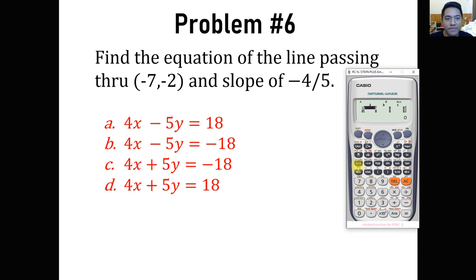You have -7, you have -2, then you have 1. And for the x1, we need to have +1 for the second equation. And then for the y part, we have -2 plus the slope, which is -4 all over 5.